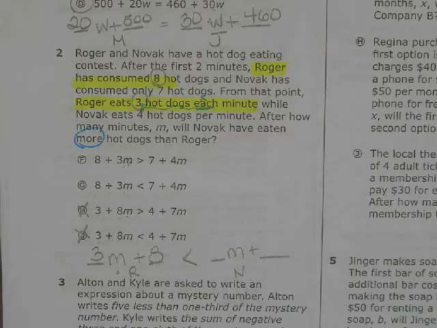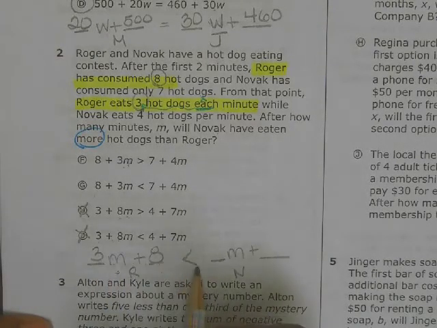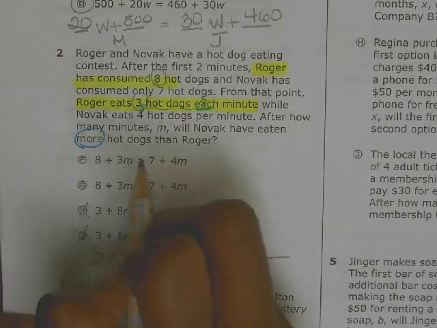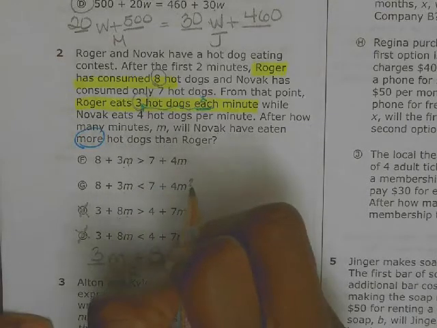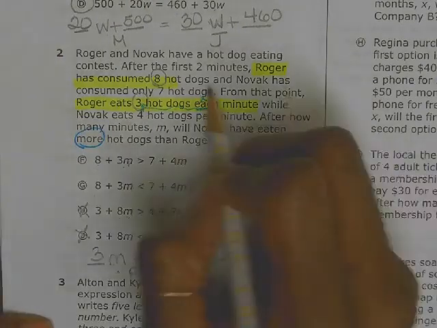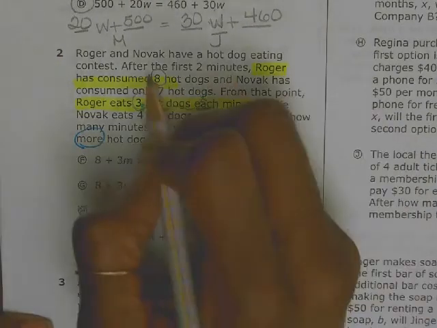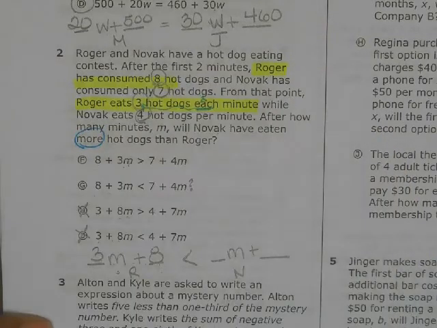Getting rid of answer choices. We also need that 3m plus 8 to be less than something else. So this has the 3m plus 8 as greater than. This has it as less than. So this is probably going to be my answer. Let's go ahead and look at Novak's number. So Novak has consumed 7 and he's eaten 4. Where's our math word?